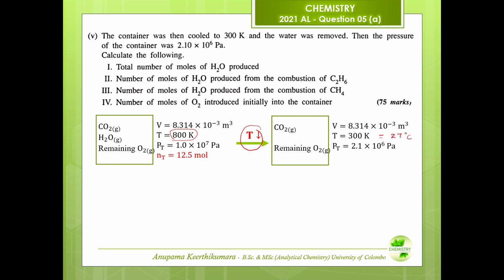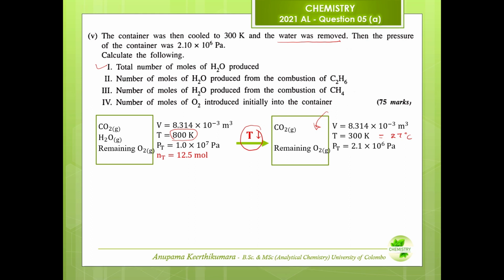We know at this temperature water vapor condenses to liquid water, and then it says water was removed. Now, the gaseous species inside the system are CO2 gas and the remaining oxygen. The total pressure is because of these two gases. In part 1, we need to calculate the total number of moles of H2O produced.